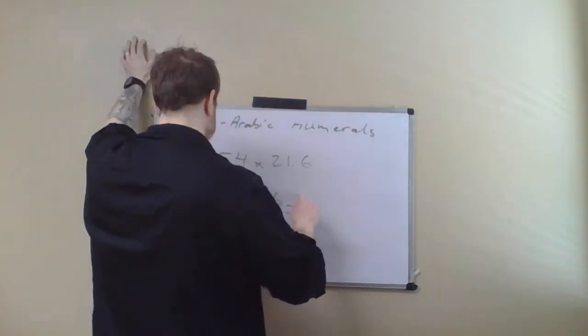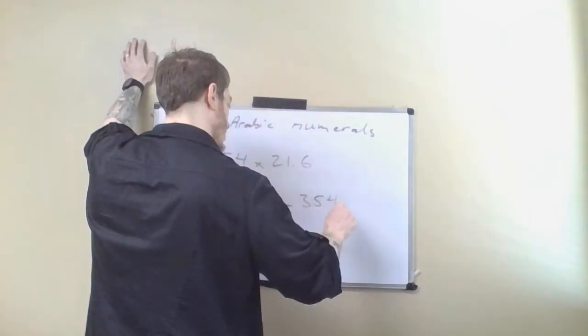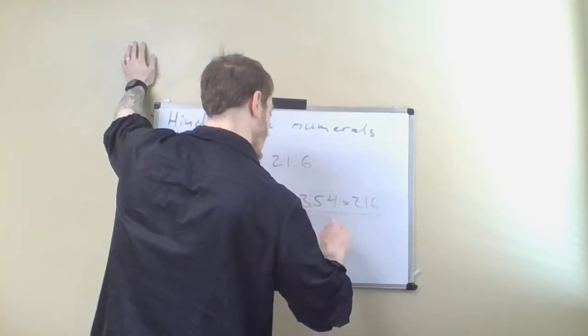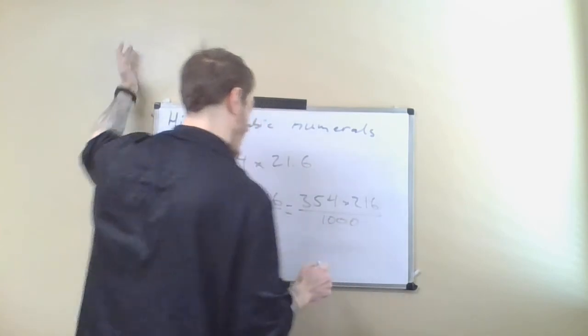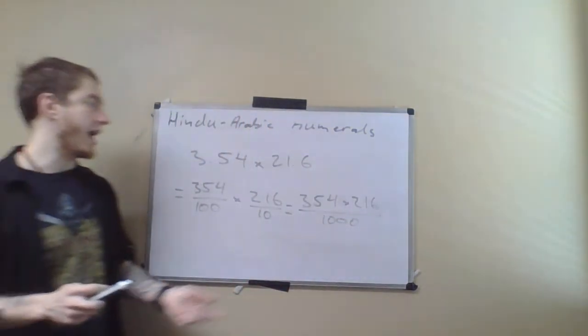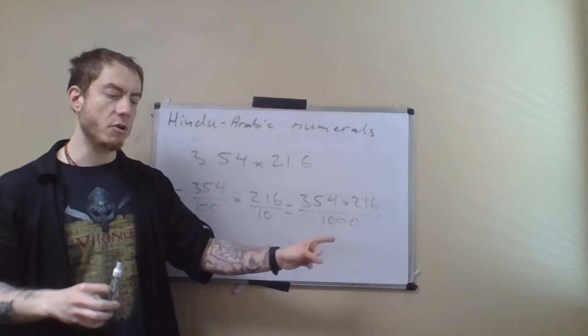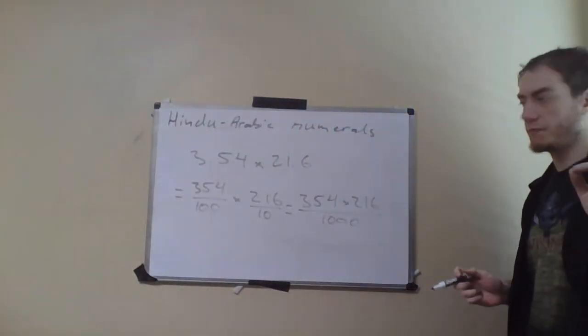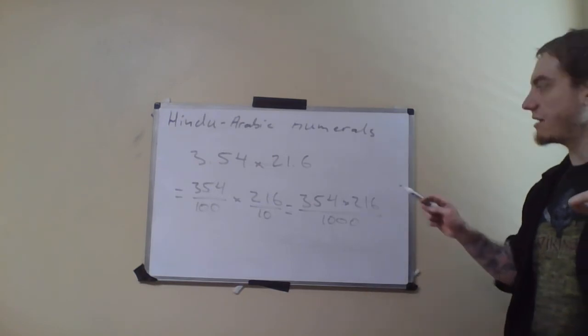So this is going to become 354 times 216 divided by 1000. And therefore, after I do the multiplication, I'm going to have to count over 3 places to move the decimal because we're dividing by 1000.